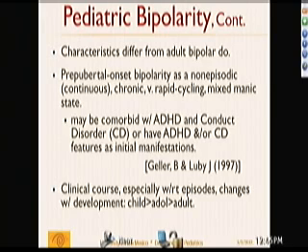And this may be comorbid ADHD and conduct disorder in the initial presentation. And that these features change as the youth ages from childhood to adolescence to adulthood.